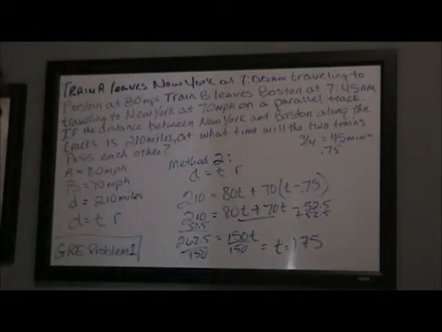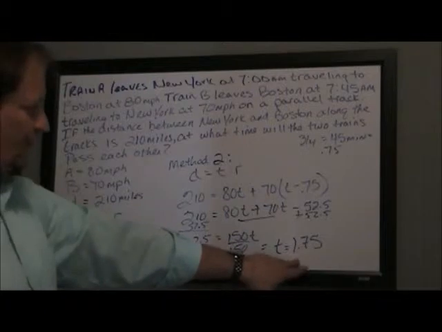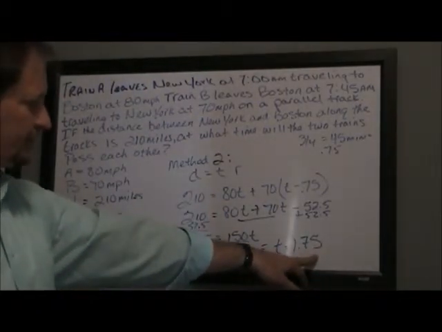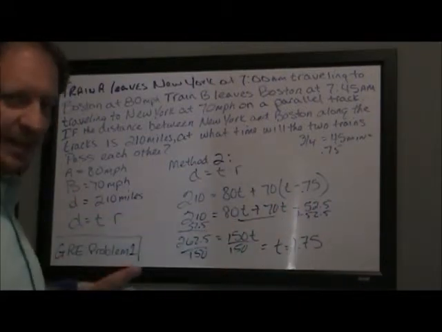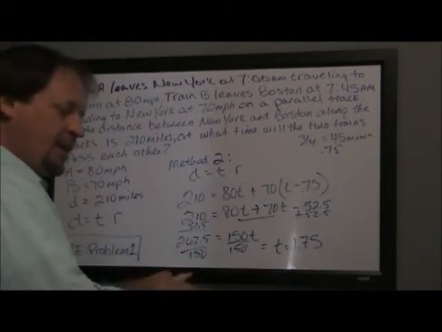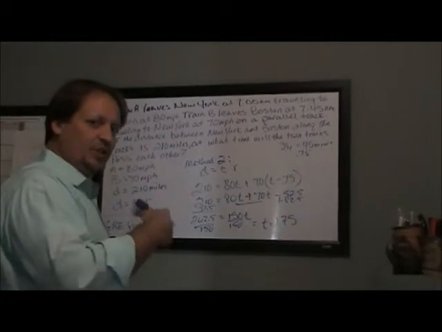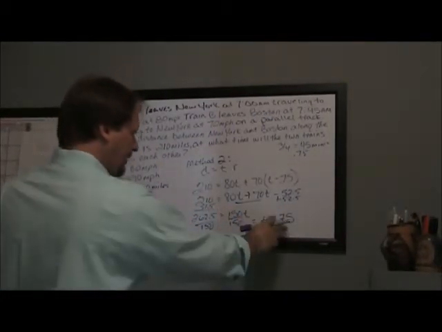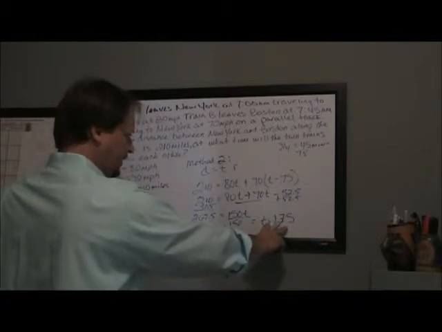1.75. Now this says that train A has been traveling 1.75 hours before it meets train B. If you remember, in the first method we took out the 45-minute previous jump. This one does not.